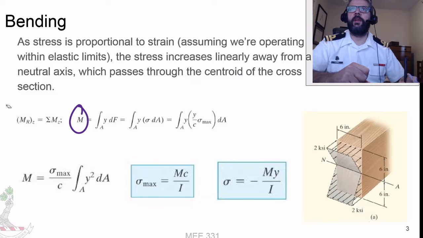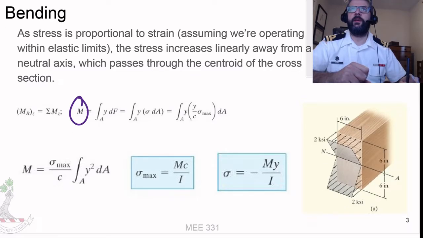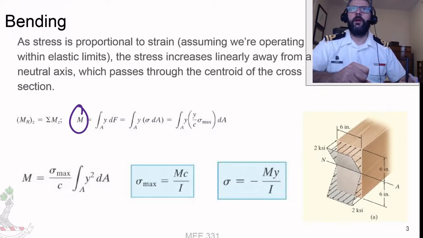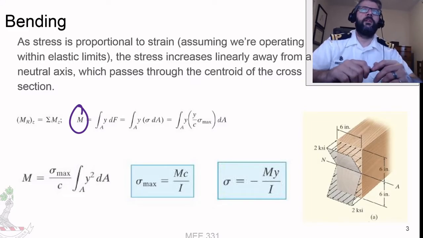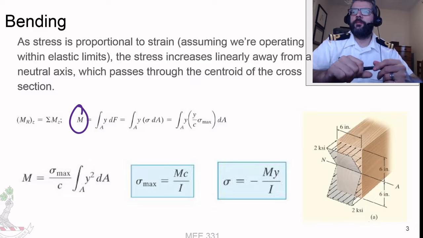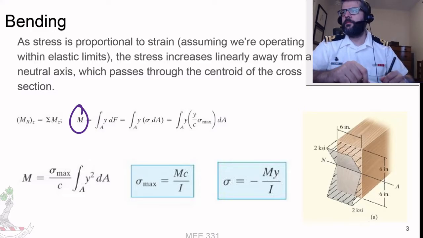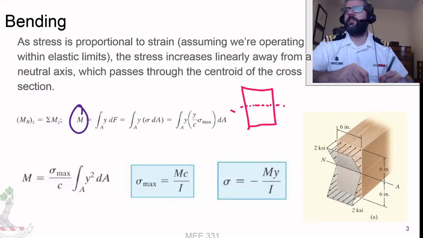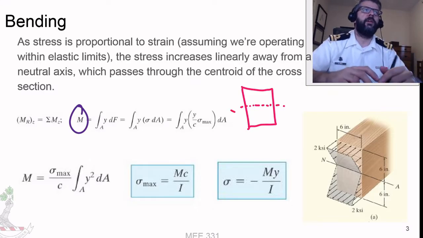And so we get a neutral axis. The neutral axis will always pass through the centroid of the cross section.